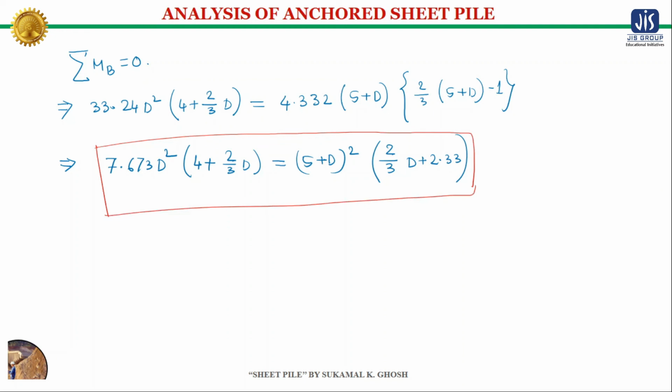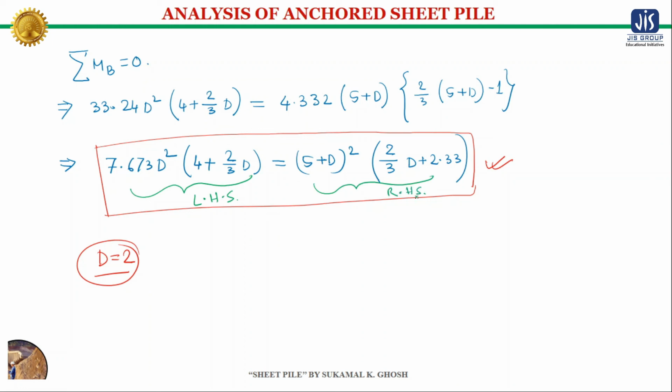We can solve this particular equation by trial and error method. Let me consider the value of D is equal to 2. Suppose this is the left hand side and this is the right hand side.